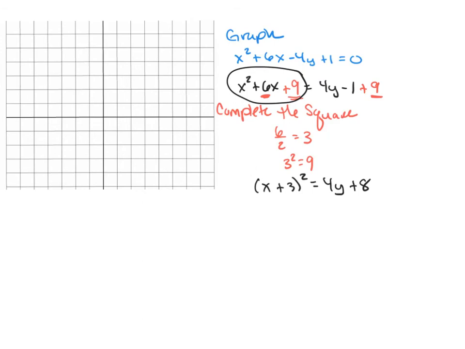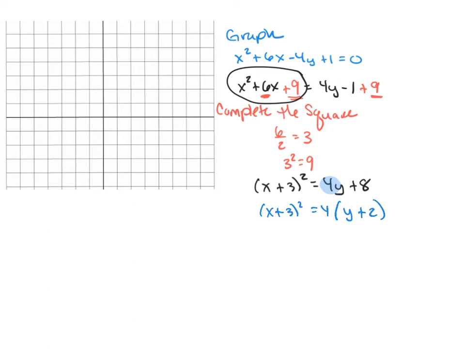So I love the left-hand side of that equation. It's parentheses squared, so I can start to see where my vertex is coming. Now, on the right-hand side, I really want this y to have a coefficient of 1. So I'm going to factor out whatever current coefficient it has. So I have (x + 3)² = take out that 4, and that leaves us with 4(y + 2).